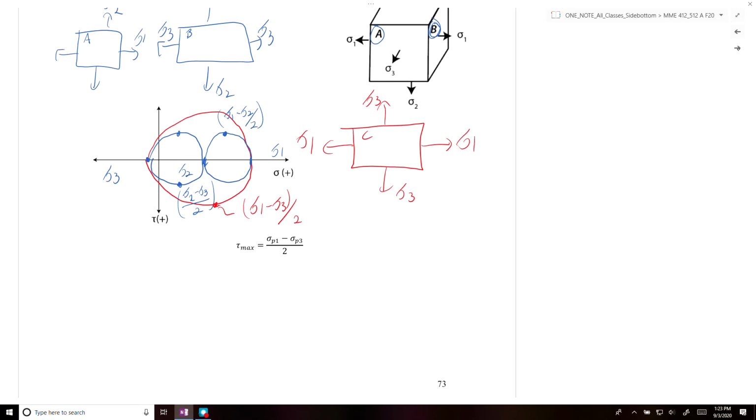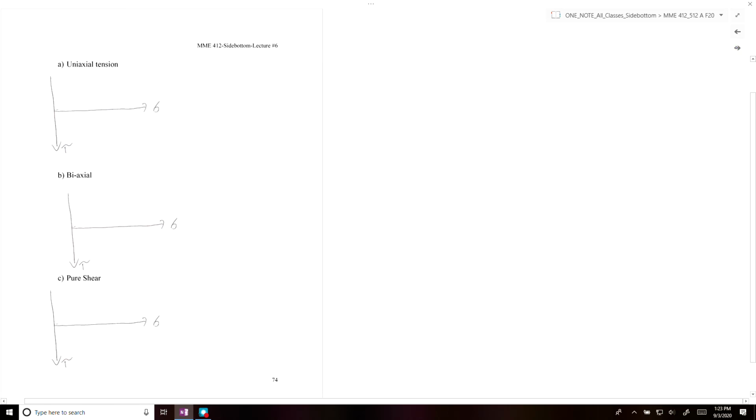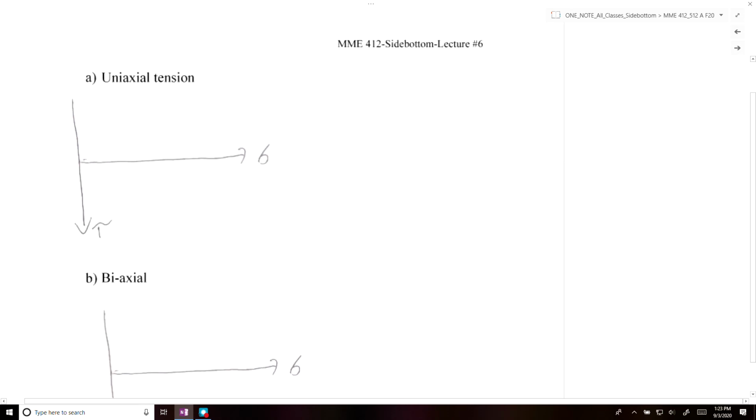So we're going to talk about some practical cases of stress and how they relate to the corresponding stresses using the 3D Mohr circle. The first case is uniaxial tension.